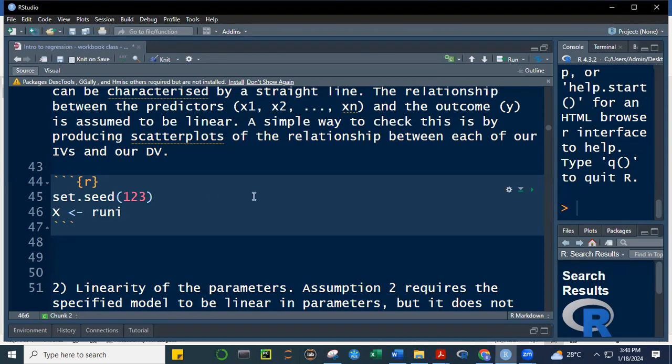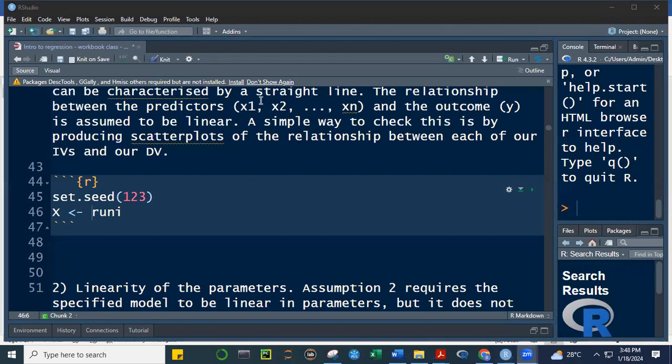Less than and then dash. Okay, Adi, thank you, it's called the assignment operator. So you are assigning X to whatever this value is. So you're putting a label, you're putting a name to whatever value we get here.